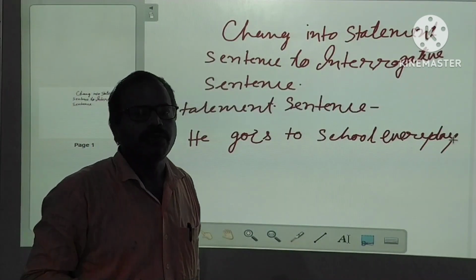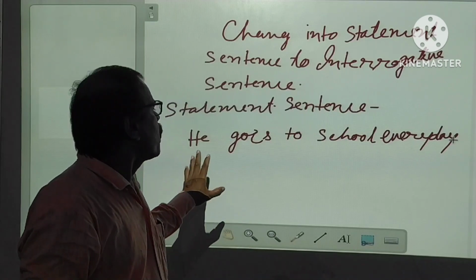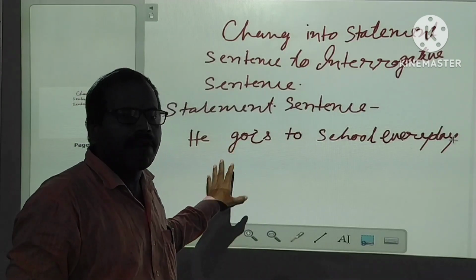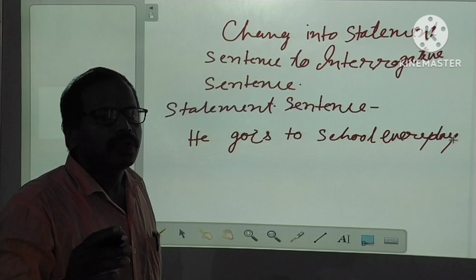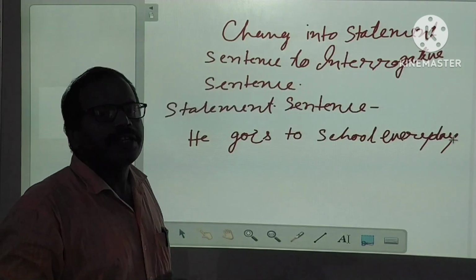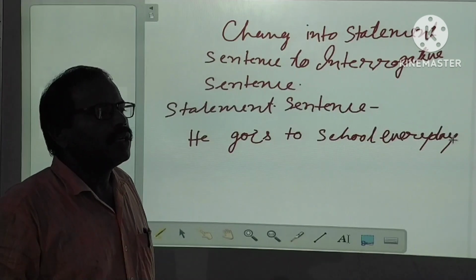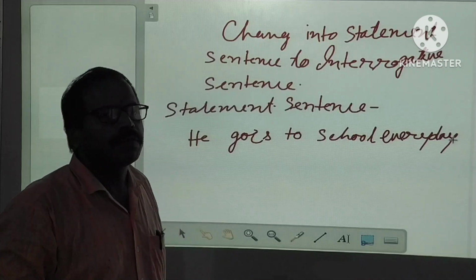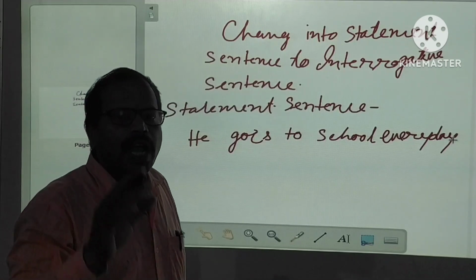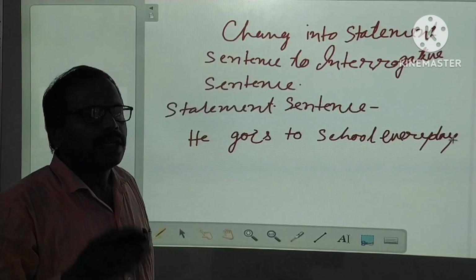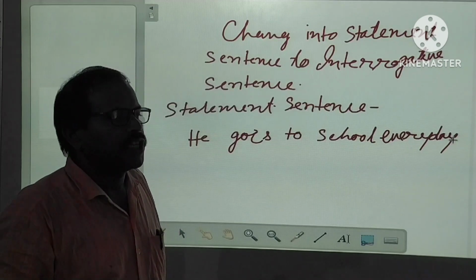At first, we have to know about the main verb and helping verb. As you know, we make interrogative sentences in two types: first, with the help of helping verbs, and another with the help of declarative verbs.